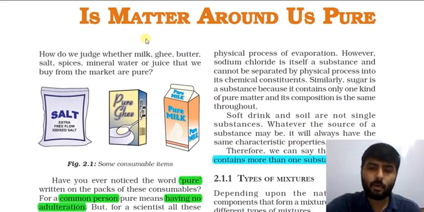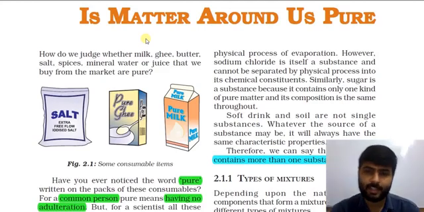Sodium chloride is a substance because it cannot be separated by any physical process into its chemical constituents, sodium and chlorine.